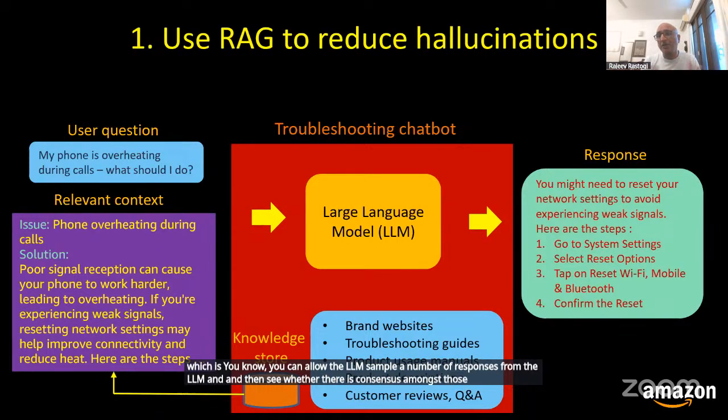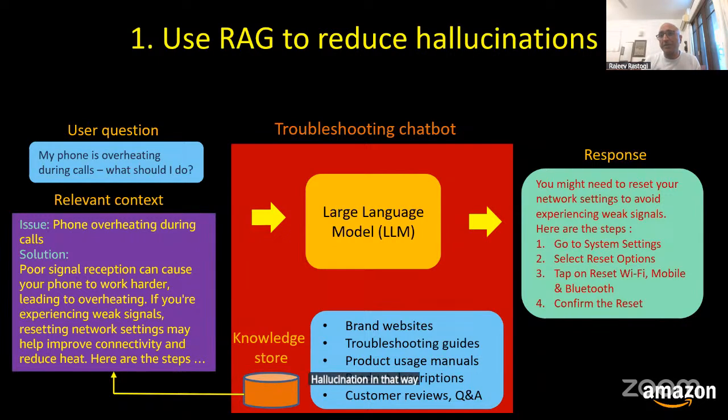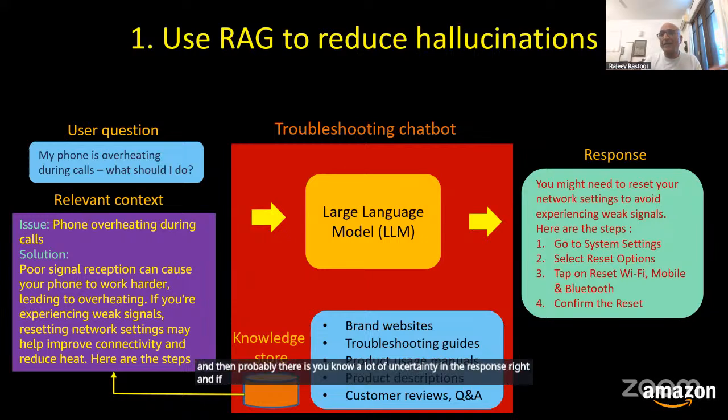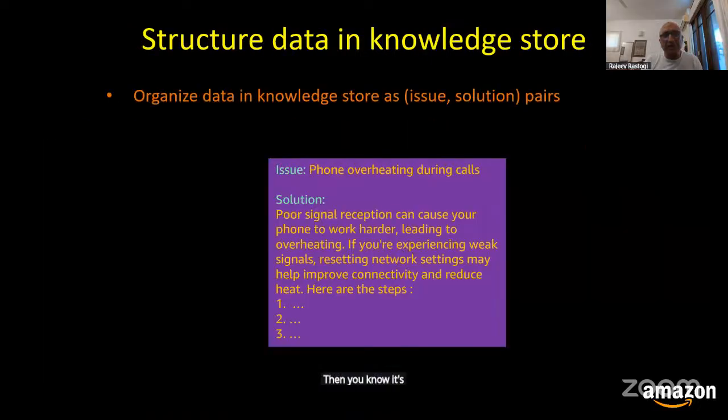You can detect hallucination in that way. If the different samples have a lot of variance in them, then probably there is a lot of uncertainty in the response. And if your answers are matching the different samples that you pick out of the LLM, then it's less likely to be hallucination.